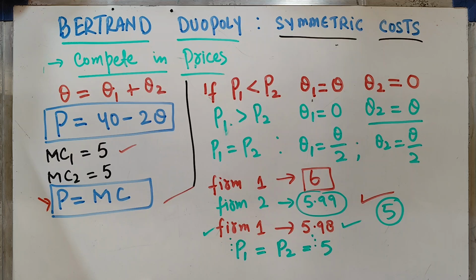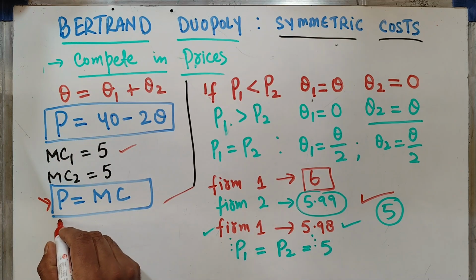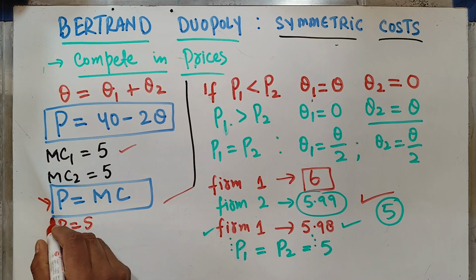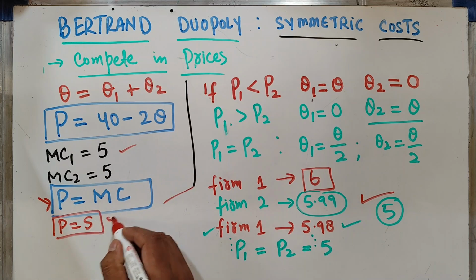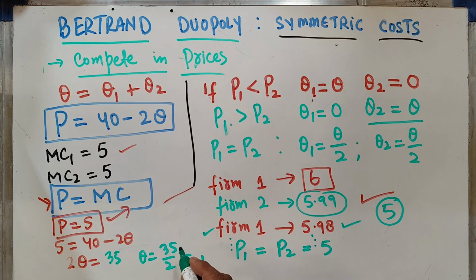Since P equals MC, the price will be 5. To find the output, plug P equals 5 into the demand function: 5 equals 40 minus 2Q, so 2Q equals 35, and Q equals 35 divided by 2, which is 17.5.